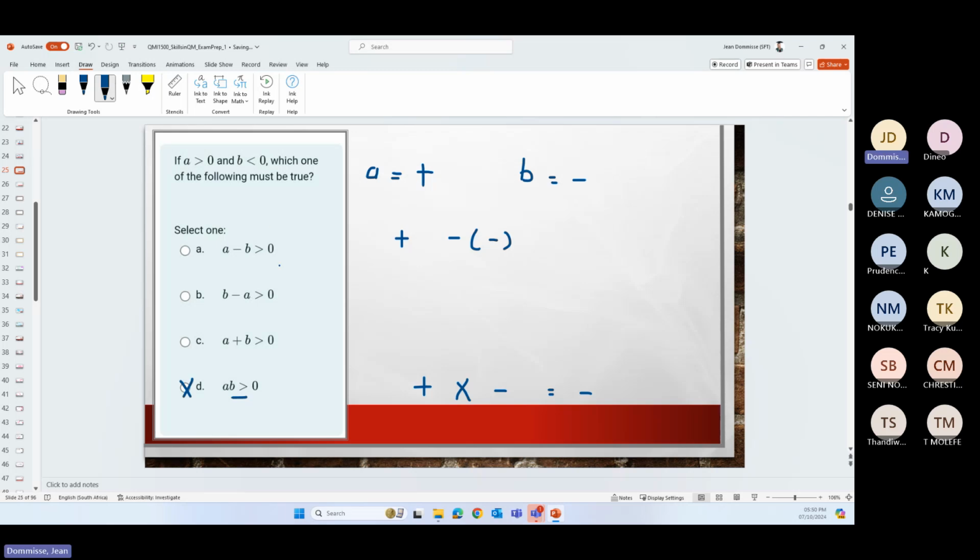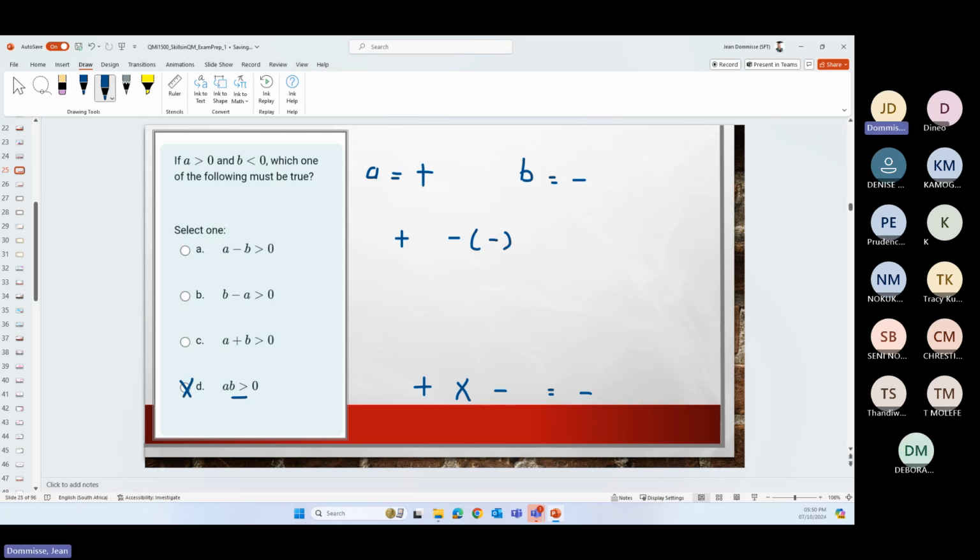Okay, so let's continue with this one. A is positive, B negative. So negative times a negative will give us a positive plus a positive. So that must give you a bigger than 0.